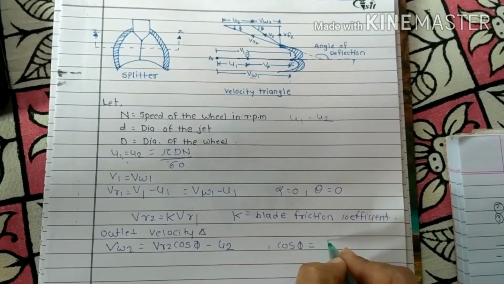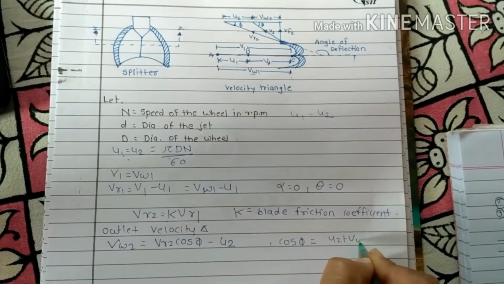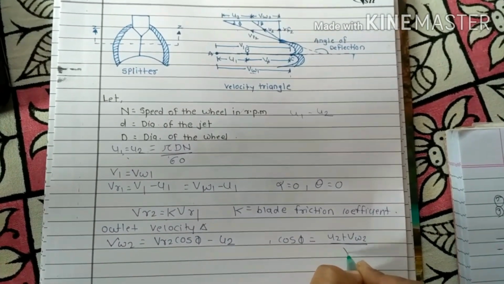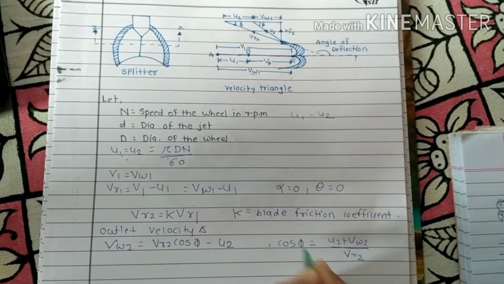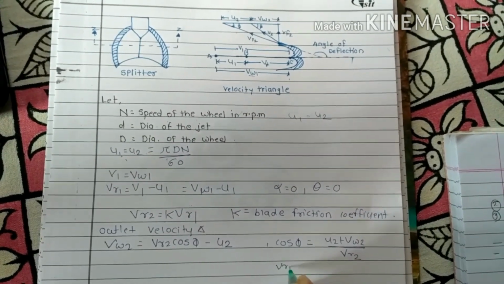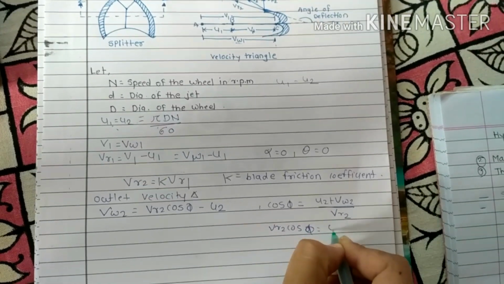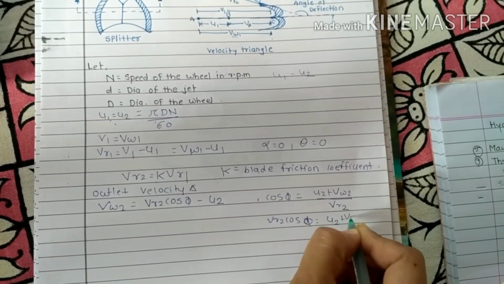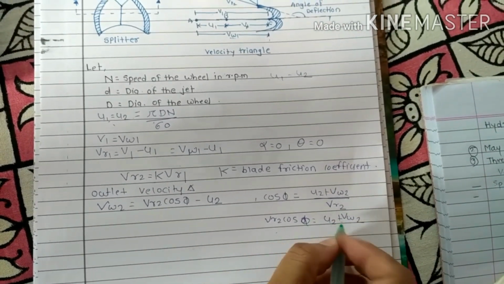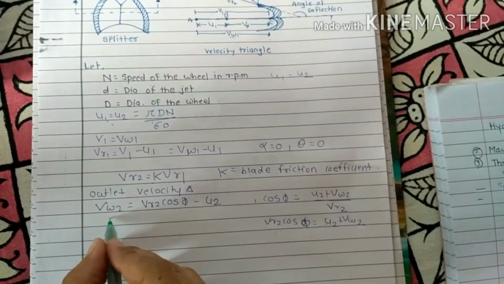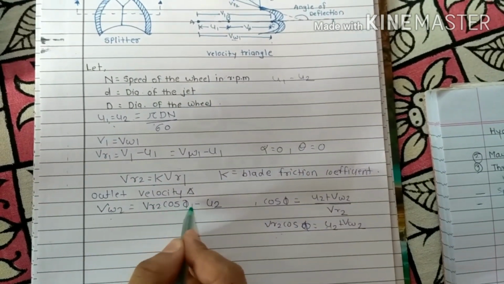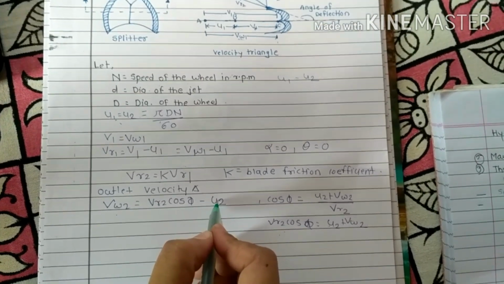So write this expression as u2 plus vw2 upon vr2. So vr2 is multiplied here, so vr2 cos phi is equal to u2 plus vw2, and as a result just transfer this u2 to this side, we will get vw2 is equal to vr2 cos phi minus u2.